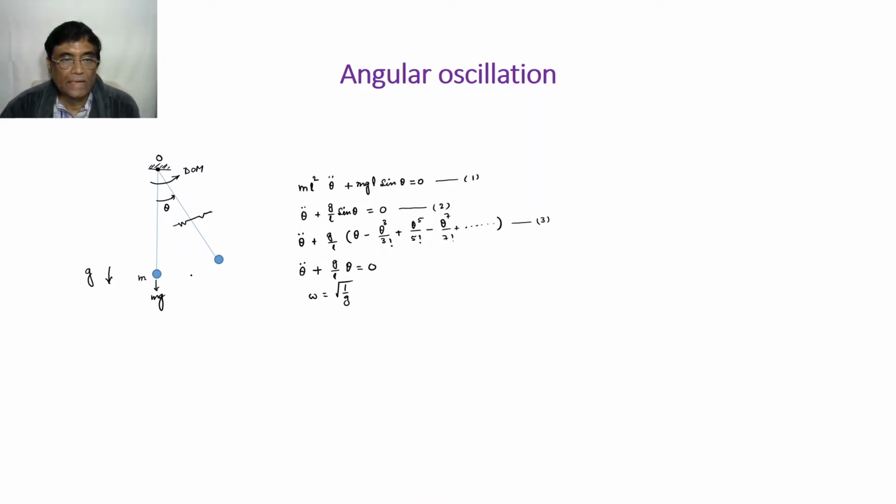Just cut it, and then what are the forces? This is the tension, and this is mg. And what else? According to D'Alembert's principle, which I am using again, there will be an inertial torque.